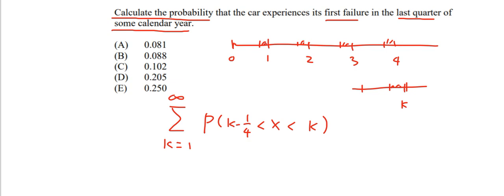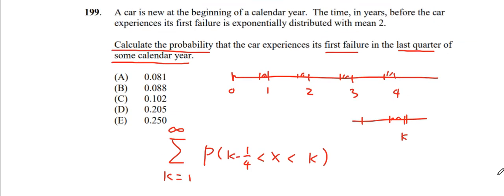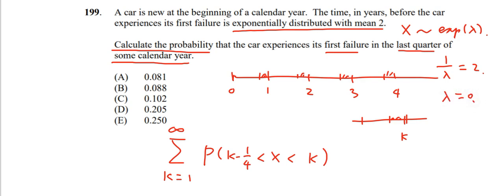So what is X? X, the time to experience the first failure, is exponentially distributed. So this X follows an exponential distribution. So what is lambda? The mean is 1/lambda equal to 2, so lambda is 0.5, right?